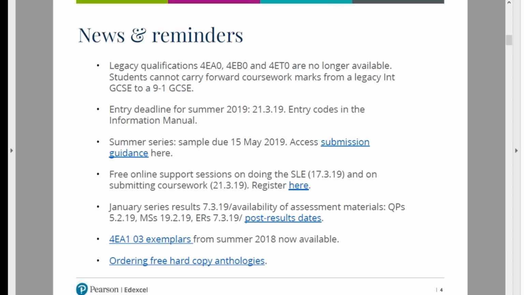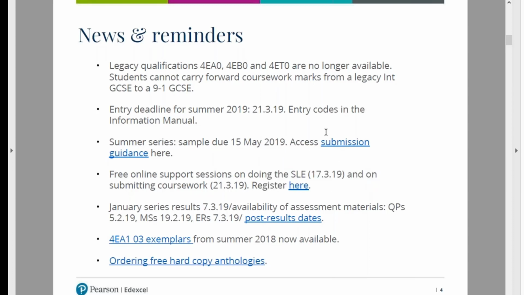Deadlines coming up. If you're entering students for the summer, you need to do so by the 21st of March. I'm going to show you the entry codes in a moment because they are a little bit complicated, especially for language. The coursework and spoken language endorsement, if you're doing it, the sample and marks are due by the 15th of May.